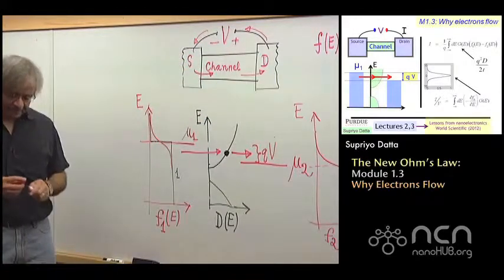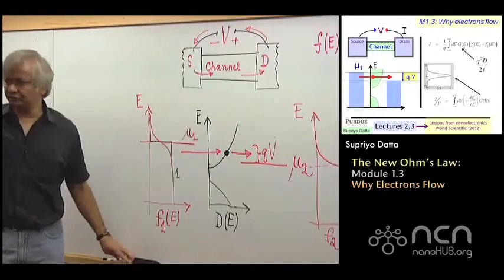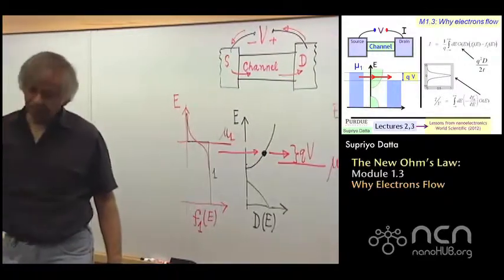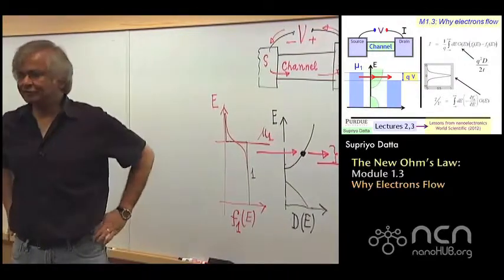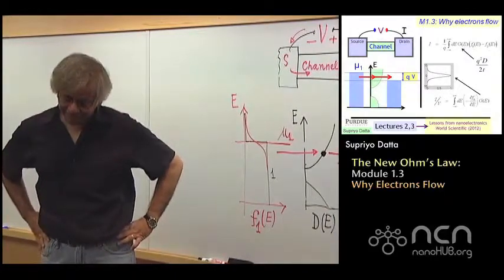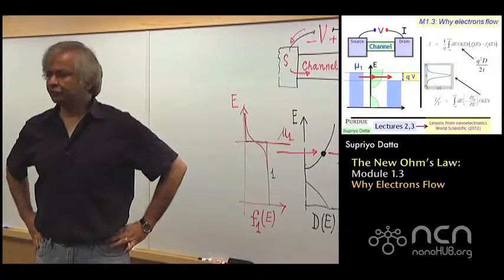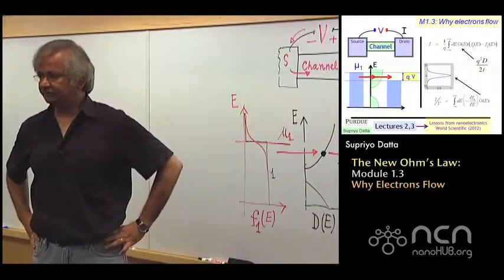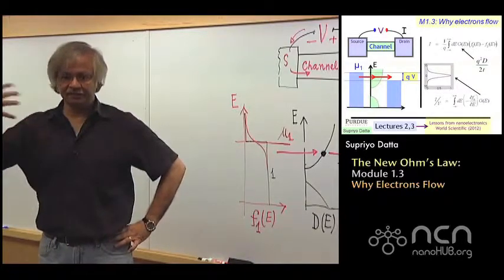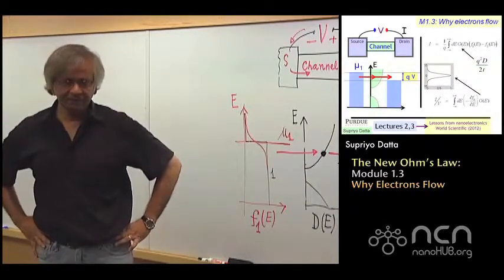Now, this is a somewhat different point of view from what you'd have learned in freshman physics. There, usually the way you'd describe it is: why does current flow? Because there's an electric field, and the field exerts a force on the electrons.